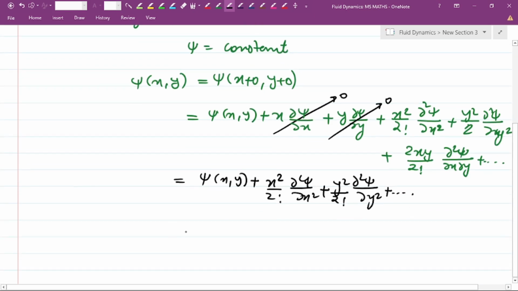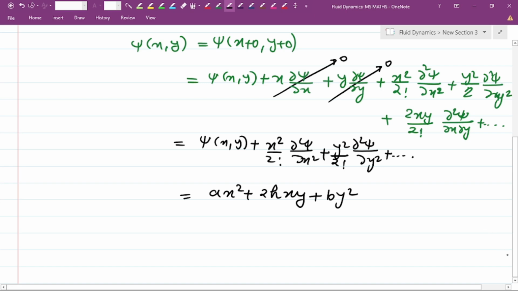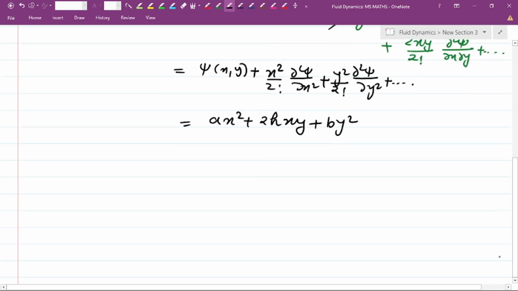What type of expression is this? This is basically ax square plus 2hxy plus by square, taking only two terms. It means this is the equation of a curve or a line.